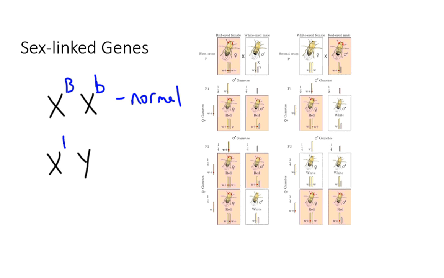Whereas a male, all it takes is one recessive allele. Notice I'm not writing anything above the Y. Why? Because the Y chromosome doesn't have that gene on it. And so this is typically how we write when we're talking about crosses with sex-linked traits. We'll write the little B's and other letters above the X and Y to show this. So this individual will be colorblind.